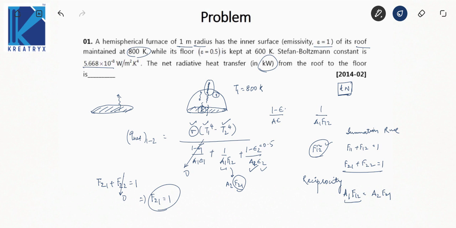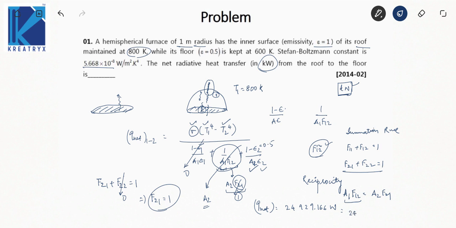Now replacing A1 F12 with A2 F21, F21 becomes 1, so this whole term becomes A2. All you have to do now is put in the values and get the answer. I'll tell you the answer: you will get 24929.166 watt, and convert it into kilowatts because you have to fill the answer in kilowatts.